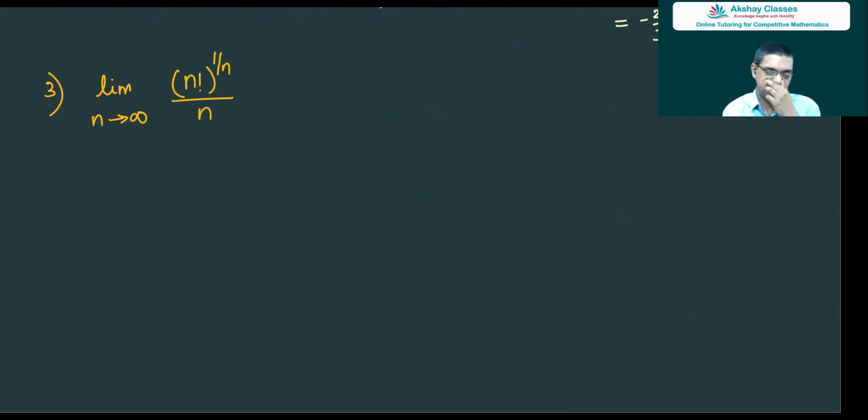Example 3. Evaluate the limit as n tends to infinity of n factorial to the power 1 upon n, divided by n.